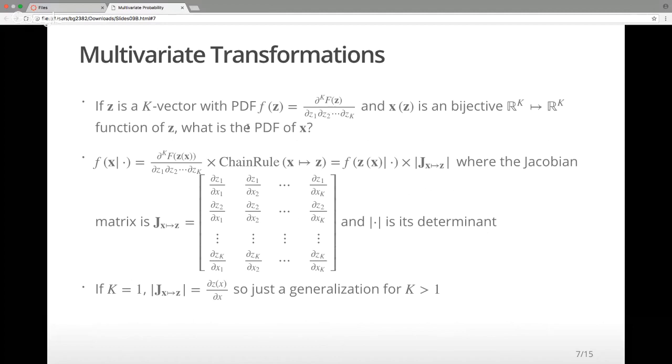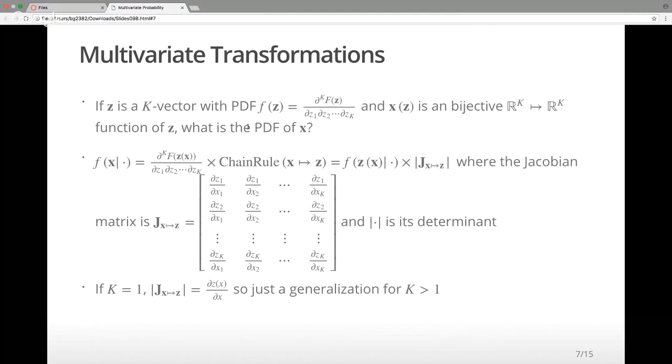So if we think about this definition of the PDF, the total derivative of the CDF, and we're differentiating that first with respect to Z, and then we want to multiply by a bunch of stuff that basically gives us the partial derivatives of Z with respect to X. That bunch of stuff constitutes the multivariate chain rule, and it can be collected into the determinant of a so-called Jacobian matrix.